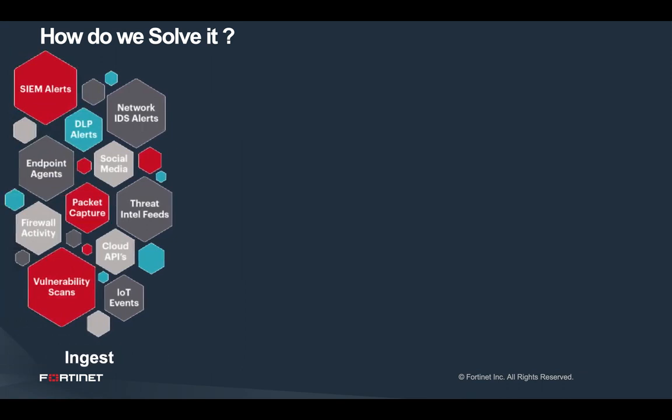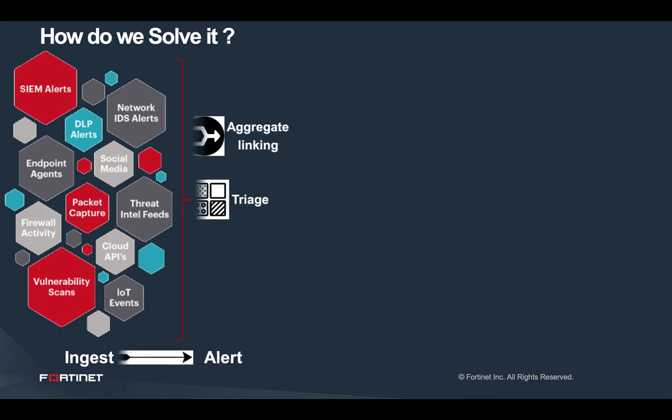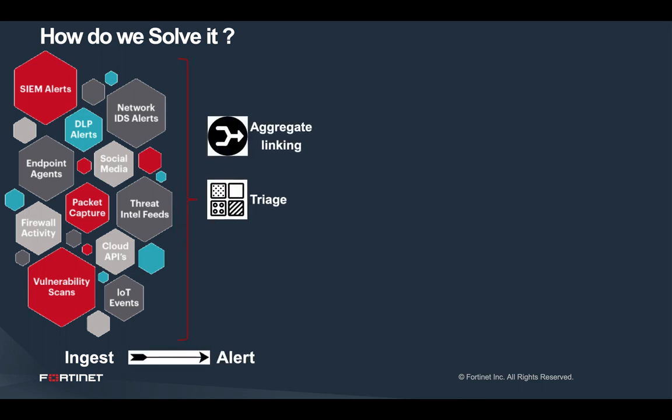First of all, we ingest the logs. FortiSOAR ingests logs from SIEM, EDR, DLPs, endpoints, firewalls. We have multiple connectors that can integrate with multiple vendors to ingest the data. Once the data has been ingested, this is where FortiSOAR will now do the triage.